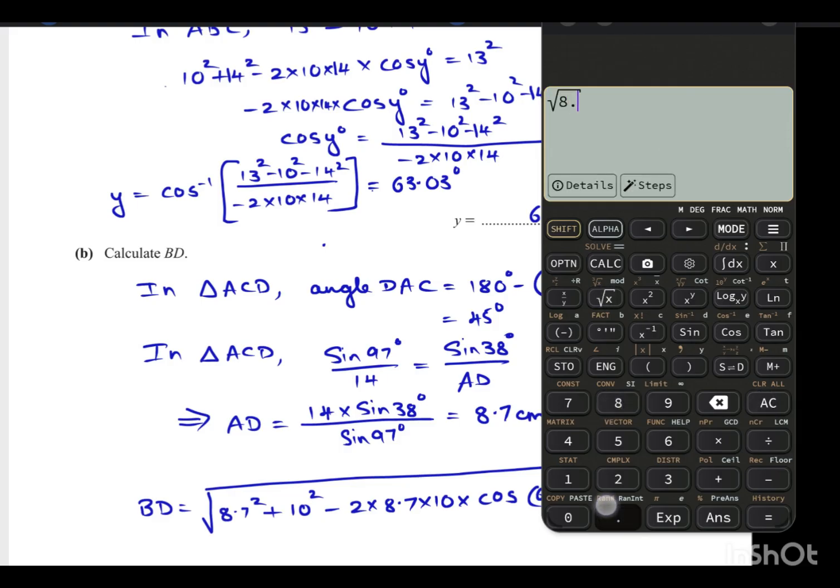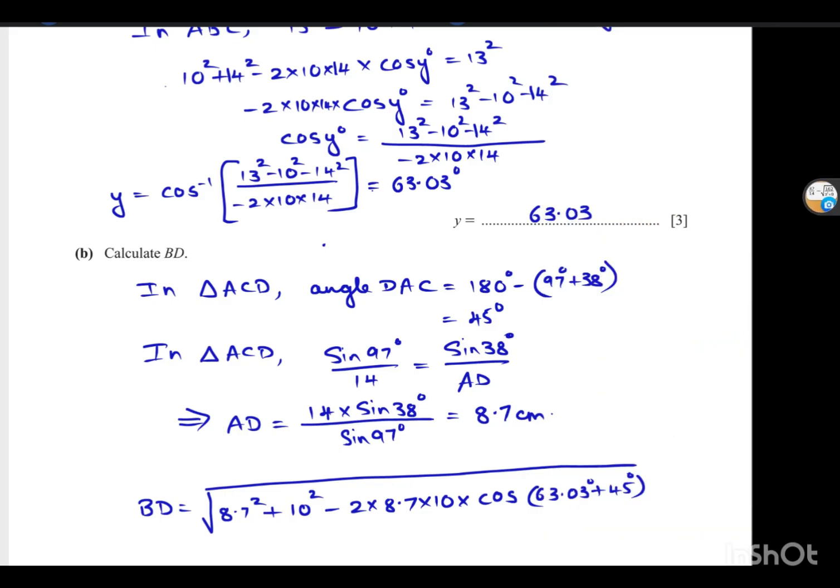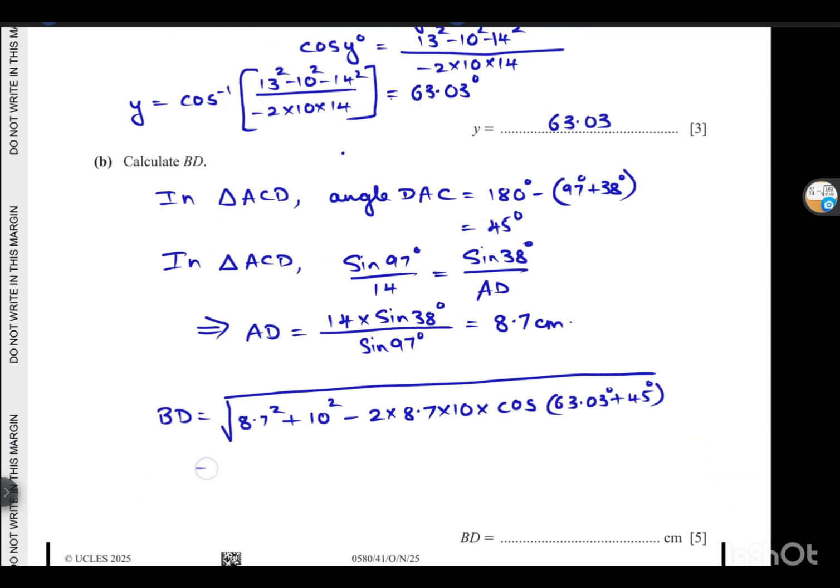Square root of 8.7 square plus 10 square minus 2 into 8.7 into 10 into cos 63.03 plus 45, that is 15.150 centimeters. You can write it as 15.2 centimeters as BD.